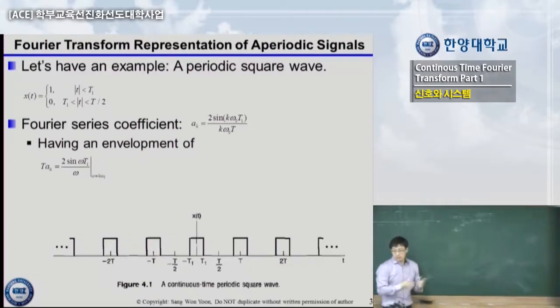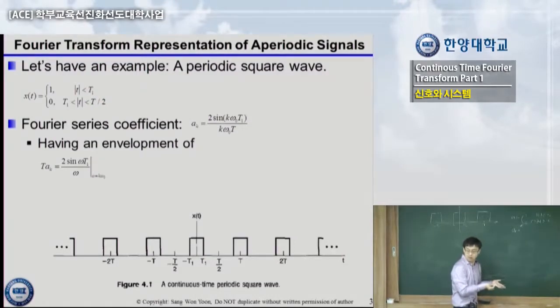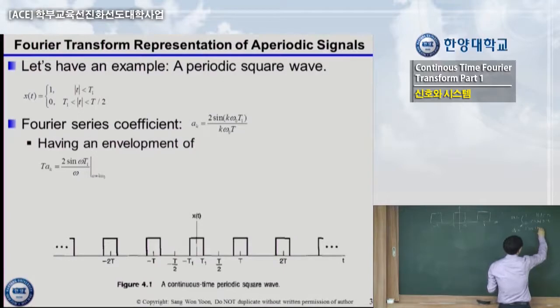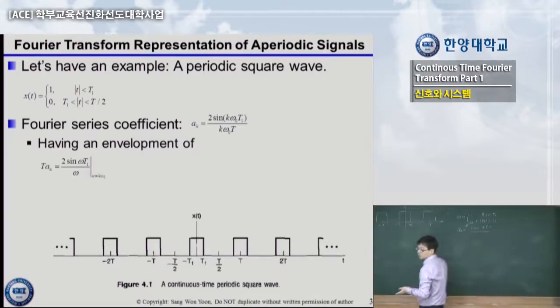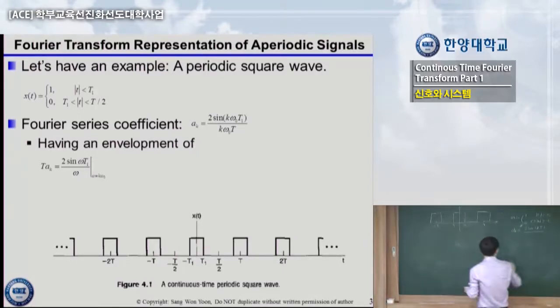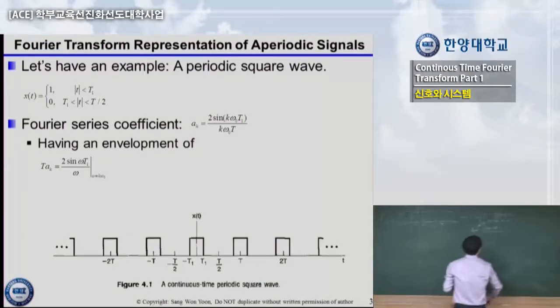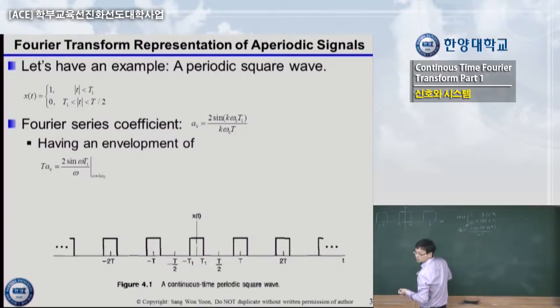So let's write down. It's 2 sine k omega 0 t1 divided by T, k omega 0. Okay.